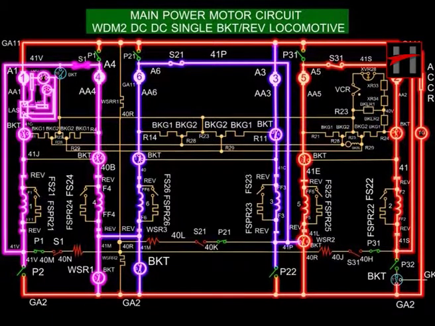At speed below the specified limit, the main power motor circuit works in 3 parallel circuits across the traction generator. Each of these 3 parallel circuits has 2 traction motors in series.